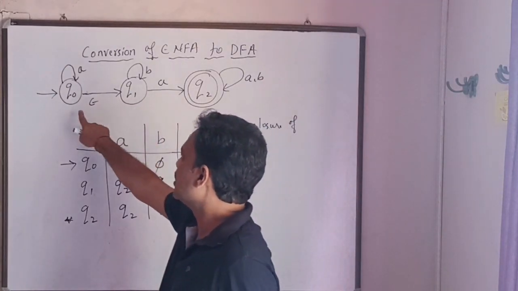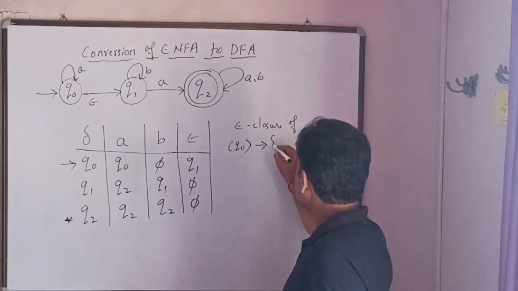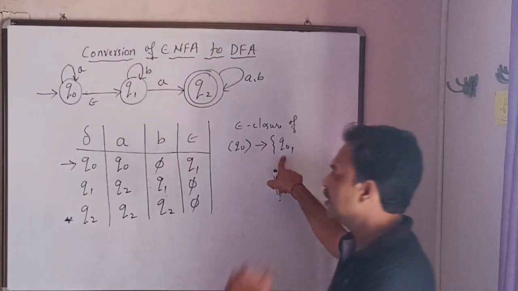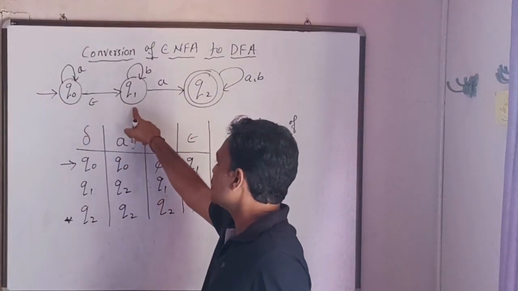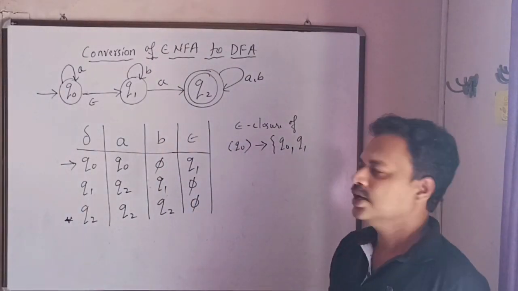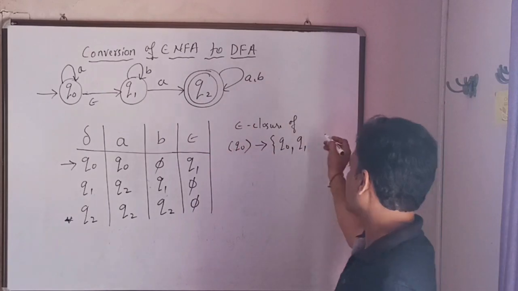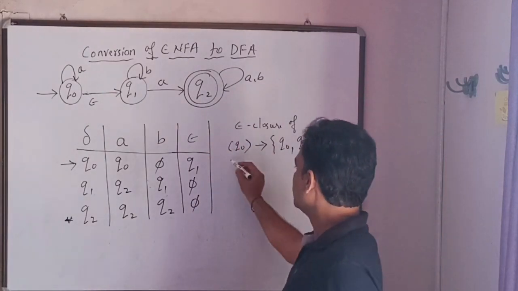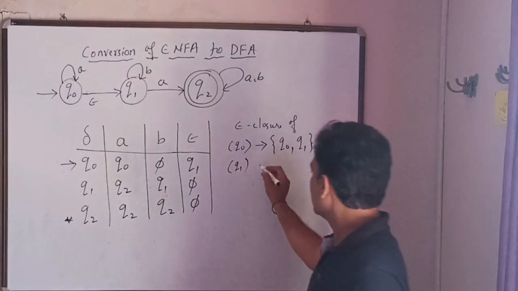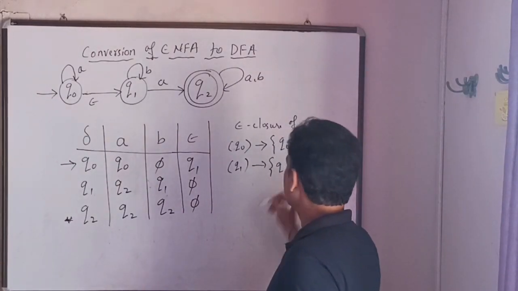Now see here, Q0 itself, we have to take this for any given state. Then Q0 on epsilon has transitioned to Q1. So union it, we got Q0, Q1. Then we don't have other transitions. End it here.